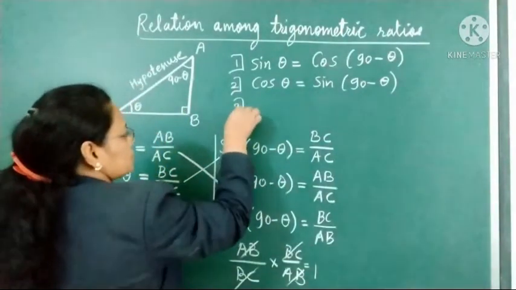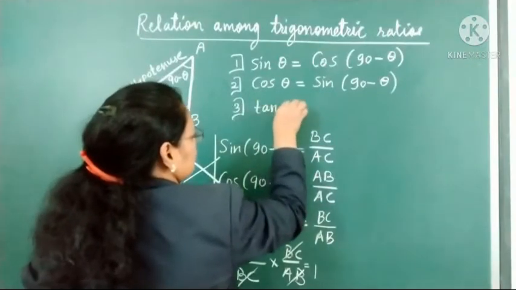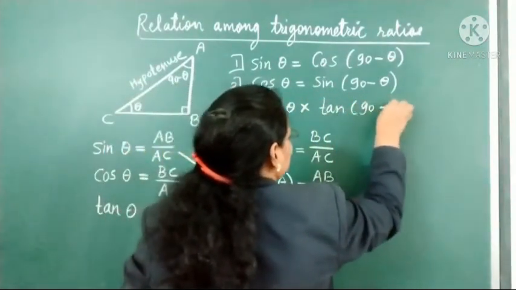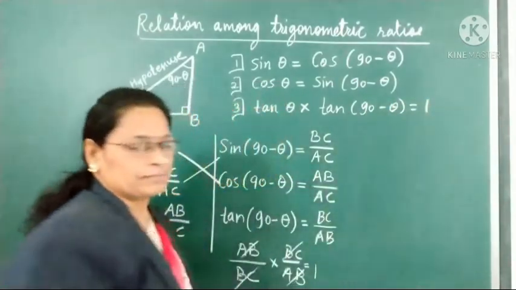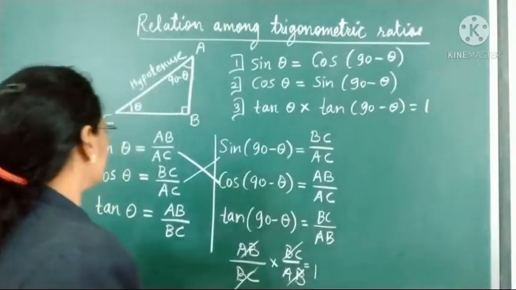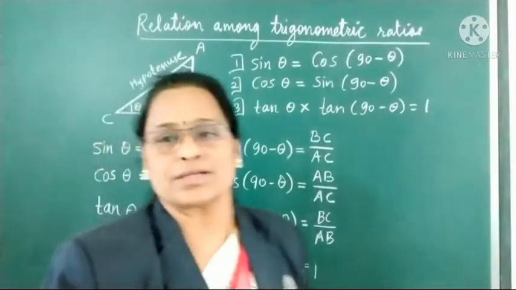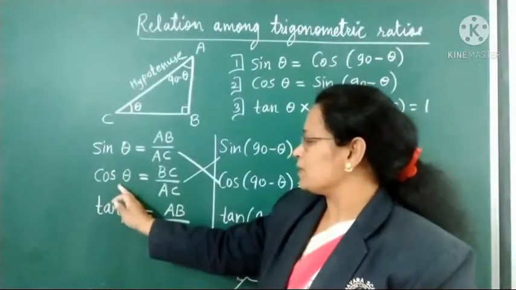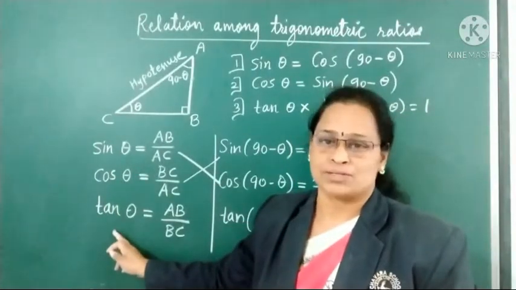So the third relation we can get is that tan theta multiplied by tan 90 minus theta is equal to 1. Okay. One more relation we can find out from the sin and cos ratios. If we divide the sin ratio by the cos ratio, then we get the tan ratio.